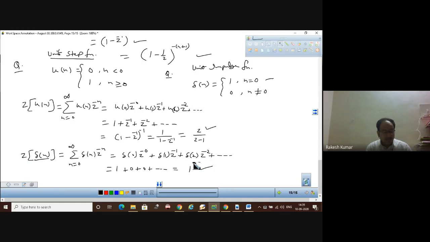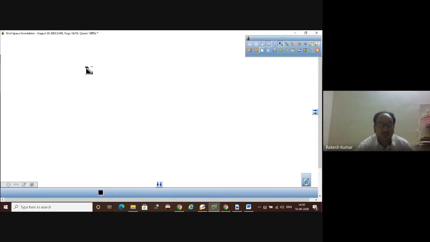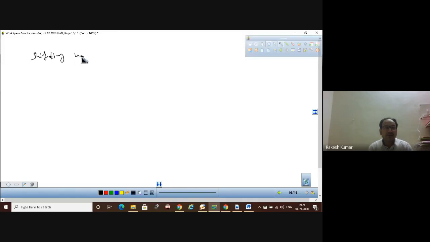We also have a property or a rule which we should know: shifting u n to the right. The heading is shifting u n to the right. u n is a function of n, and first we do shifting to the right, and then we shall do shifting to the left.